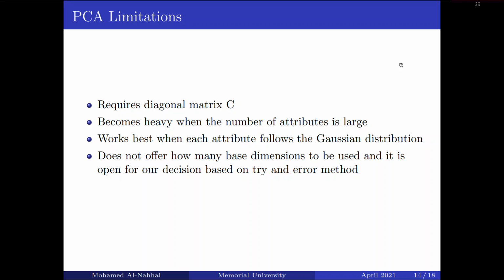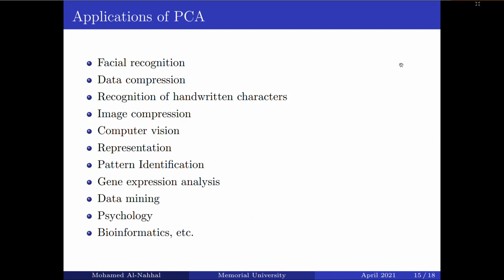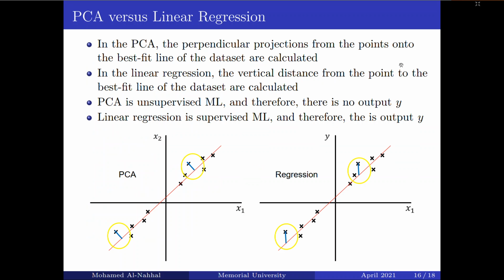It doesn't tell us how many base dimensions to use, and this is open for our decision based on a trial and error method. There are several applications of PCA: face recognition, data compression, recognition of handwriting characteristics, image compression, computer vision, representation, pattern identification, gene expression analysis, data mining, physiology, etc.